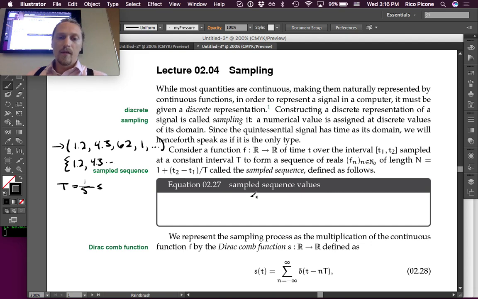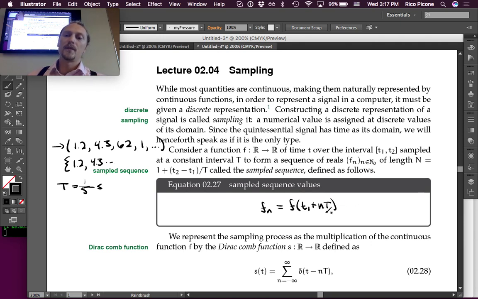Each value of the sampled sequence, f sub n, is equal to, it's really not surprising, f, the original continuous function, evaluated at t1, the first time, the initial time, plus nT.